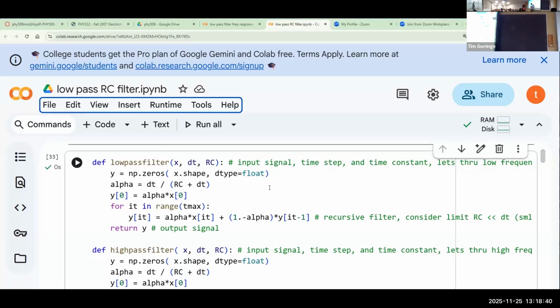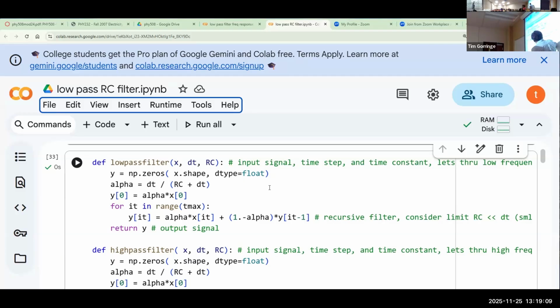And the code is calculating the output from the input. We wrote our recursion relations down. They involve this quantity that I called alpha, and that quantity alpha had a comparison of these two times, the time interval delta t and the time constant tau. And so both of those are passed.